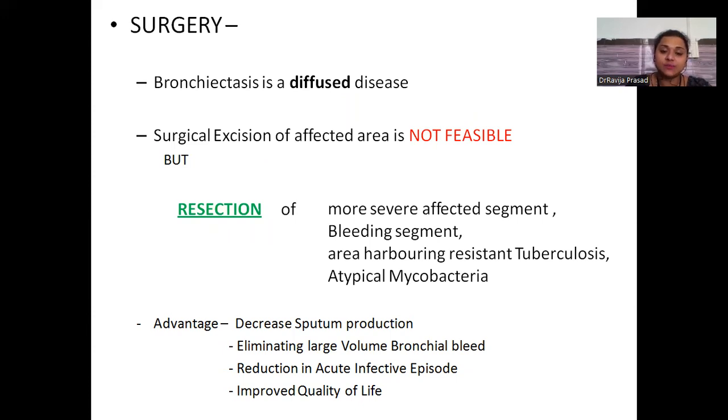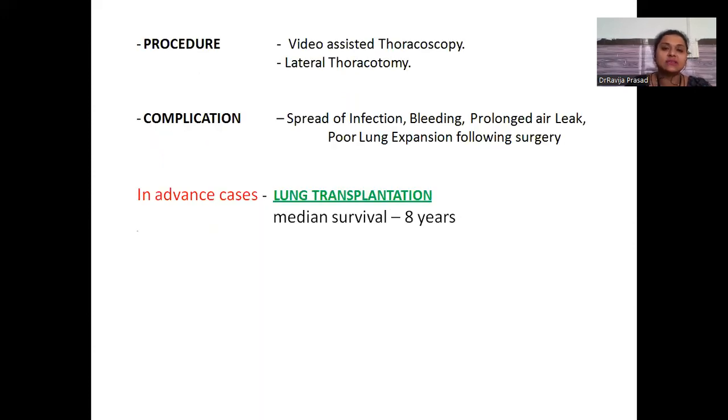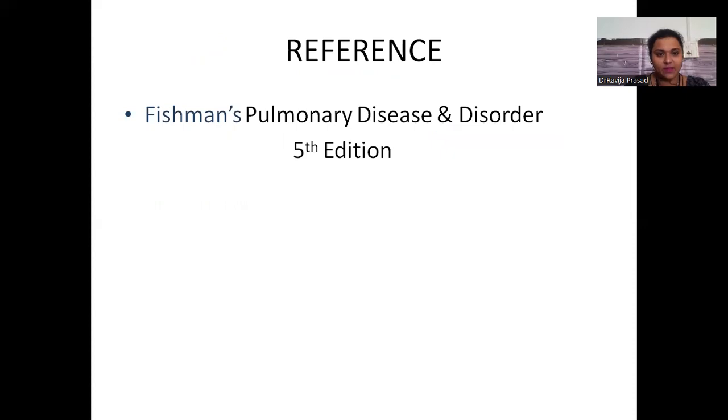Advantages: it decreases sputum production, eliminates large volume bronchial bleeding, reduces acute infective episodes, and improves quality of life. Procedures are video-assisted thoracoscopy and lateral thoracotomy. Complications: spread of infection, bleeding, prolonged air leak, and poor lung expansion following surgery. In advanced patients, lung transplantation is considered, with a median survival age.